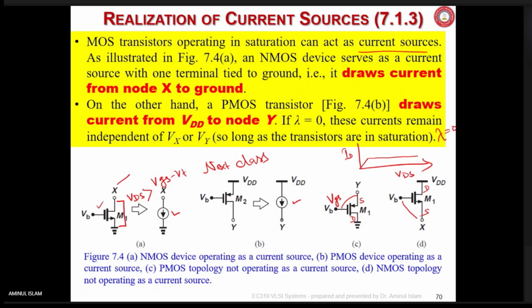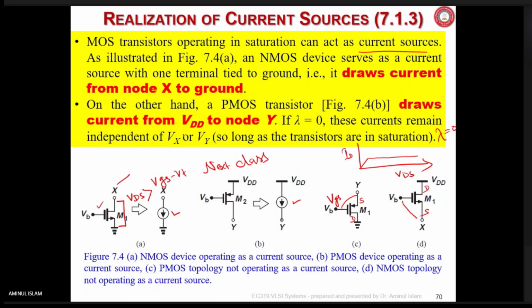Here, in case of MOSFET, if it is in saturation region, current supplied is constant, even though VDS, the voltage across it, is varying. Okay, so it matches the definition of a real current source. Of course, you have to take a long-channel MOSFET, then only it is valid, and it should be operated in saturation region.